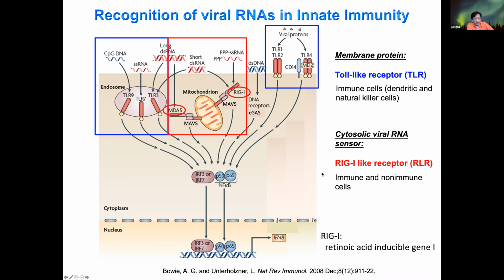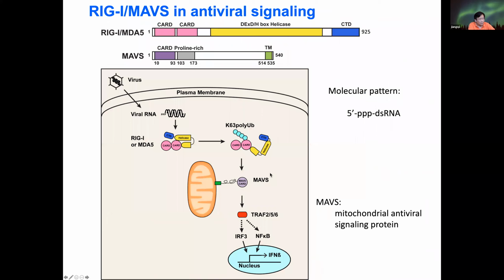There are multiple of them, the RIG-I-like receptors, or RLR. There are two main forms, RIG-I and MDA5. I'm only going to discuss RIG-I, not MDA5. RIG-I inside the cell is usually in a resting, inactive state.